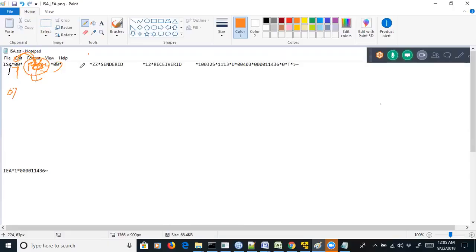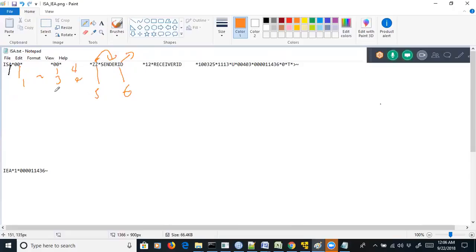Now, first, sorry, first, second, third, fifth, fourth. Now let's come to the fifth and the sixth. Sixth is the sender ID, and the fifth is the qualifier for the sixth. Sender ID means a unique string to identify your sender, the person who is sending the file.